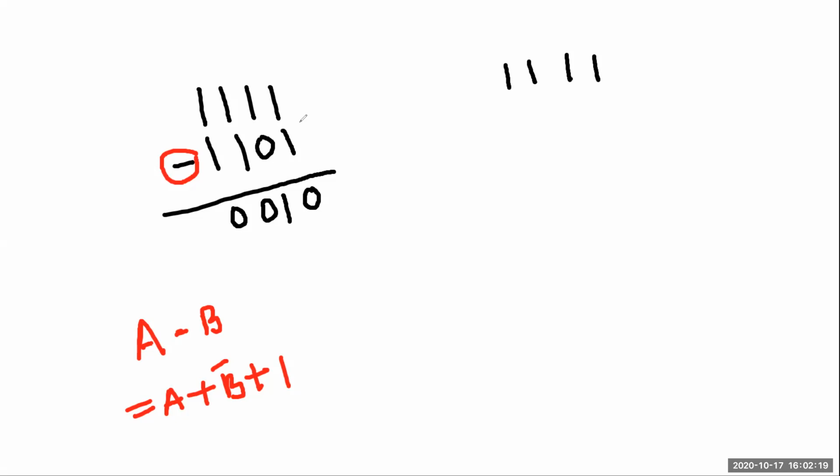Okay, let's convert this B into B bar. How? Your 1 will become 0, your 0 will become 1, your 1 will become 0, your 1 will become 0. So B bar means all the bits will be changed.